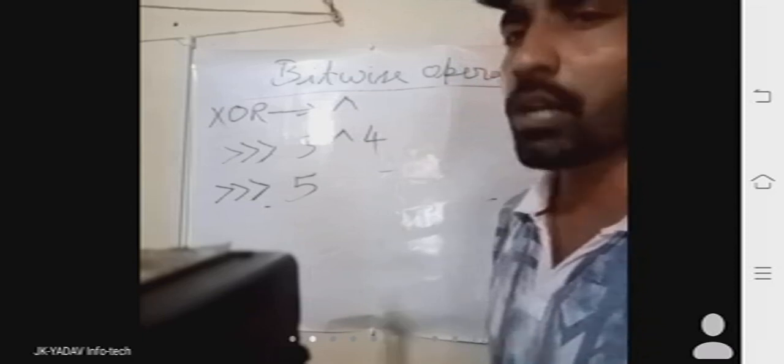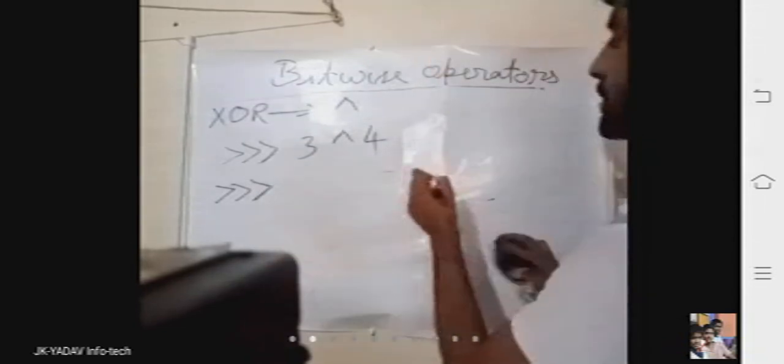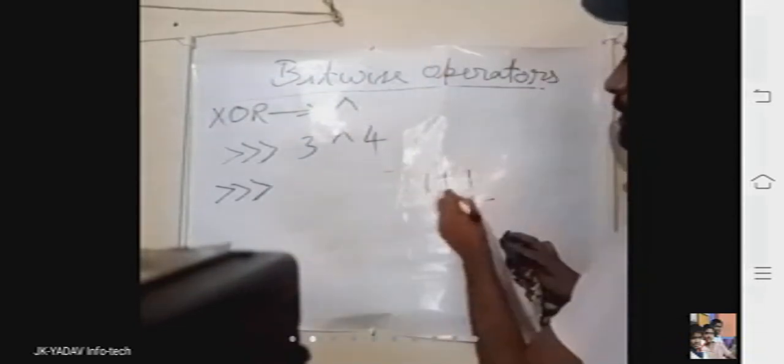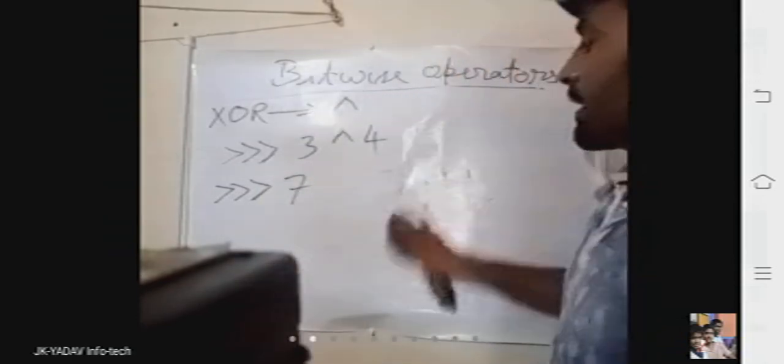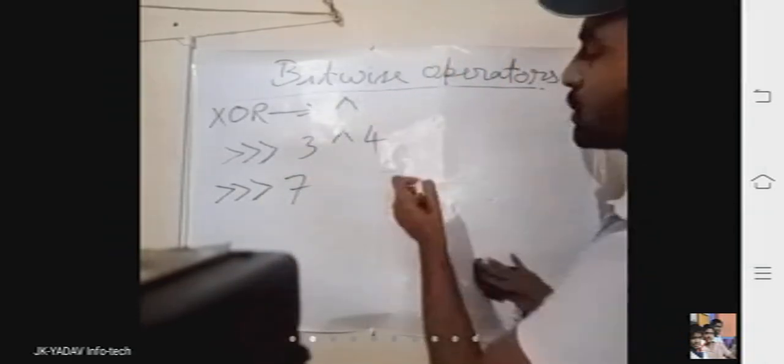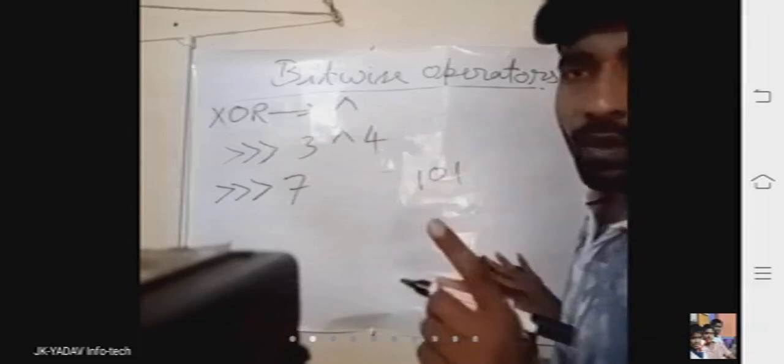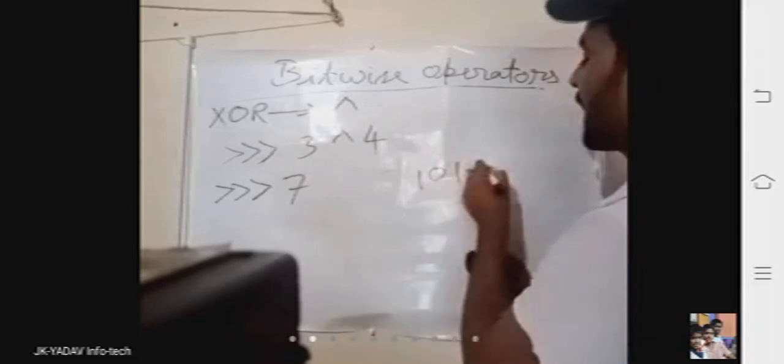Okay, let me check. Yes, sorry. Triple one, if you take 1, 2 and 4, it is 7, I'm sorry. Actually 101. If 101 comes, then it is the binary of 5.